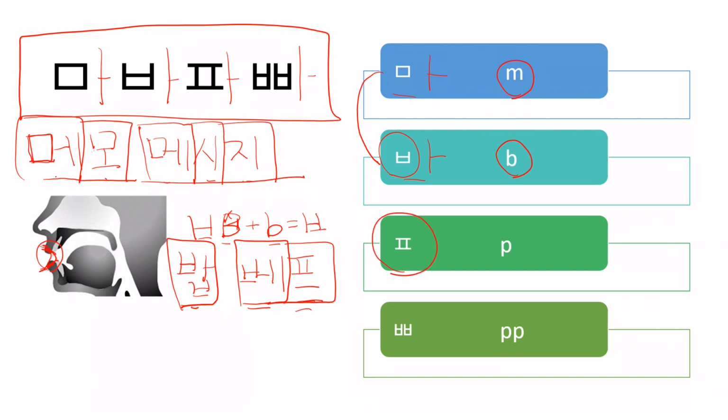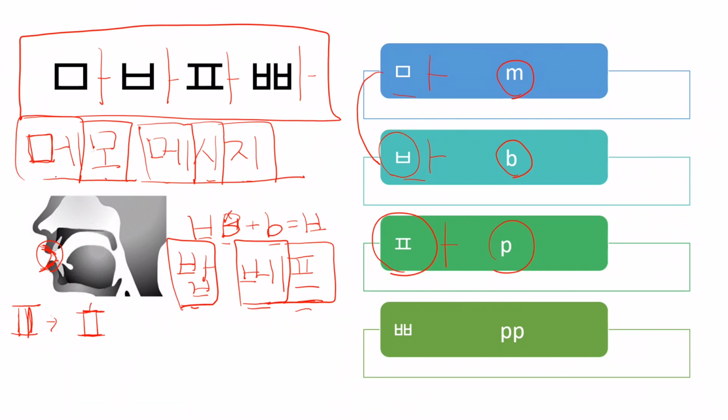Now let's look at our p sound. P is an aspirated sound. Pa, pa. You can feel a breath of air coming out. And pa, I'm going to have you guys remember as a pot. A pot, standing, p sound. Pa.